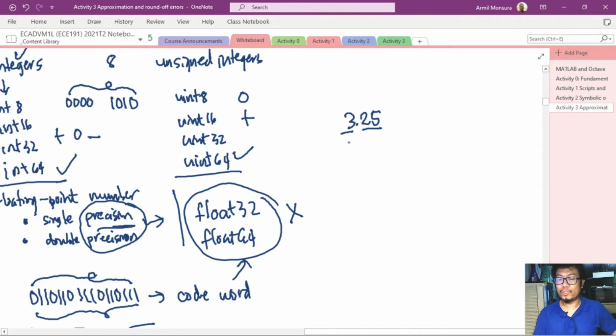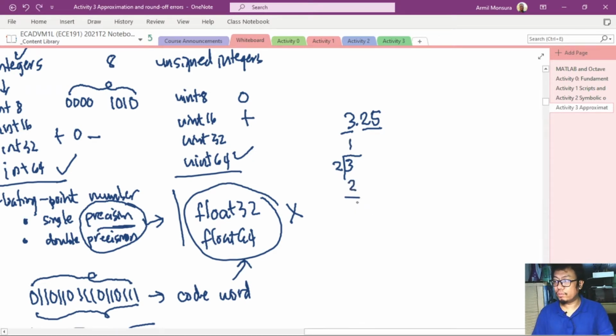So for the whole part, you do division. For example, in order for you to convert 3, you have to divide 3 by 2. So you come up with a quotient of 1 and a remainder of 1.